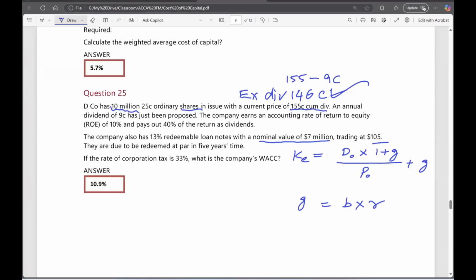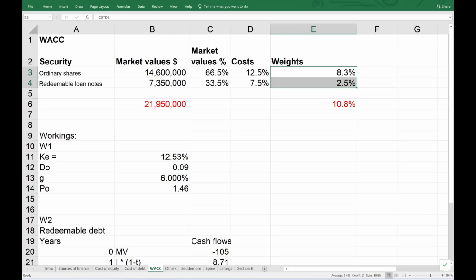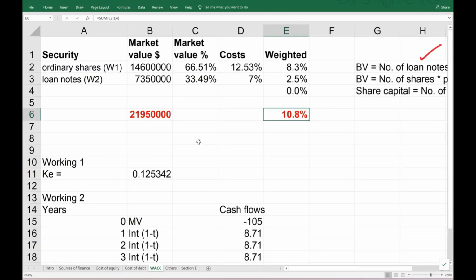What's the answer here? 10.9. Yeah, same answer we get approximately. So this is how you have to calculate your weighted average cost of capital. So we finished one thing: how to find the cost of equity, cost of debt, and then the weighted average cost of capital.